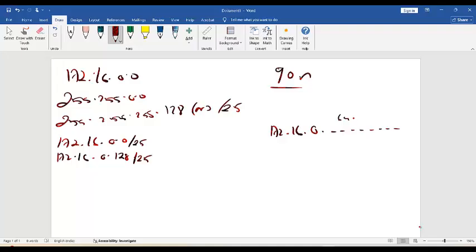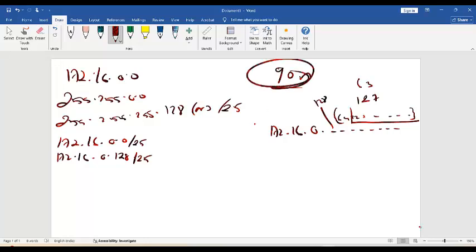If you add 64 plus 32 plus 16 and so on, you will get 127, because the next place value is 128. If you take less than that, then you will get only 63, but you need 90. You got it? Yeah, yeah. 24 plus 1 is 25. Correct? Correct, sir.